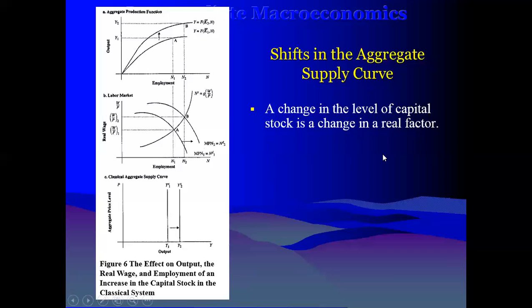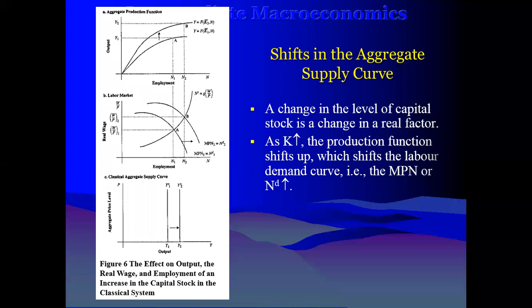It's not a nominal factor. The capital stock is a real factor. And for this theory, we have been saying that it's only the real factors that have lasting effects on the real variables, like output. So this was the example, the dynamics.